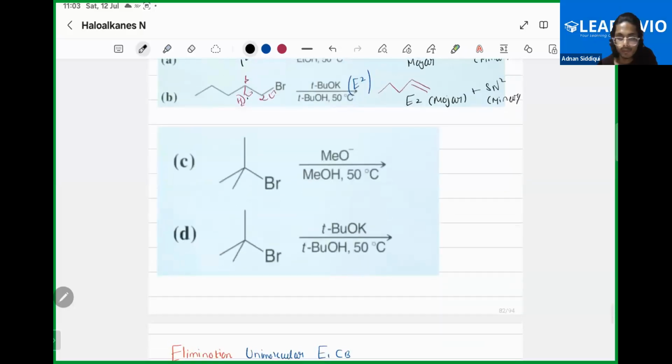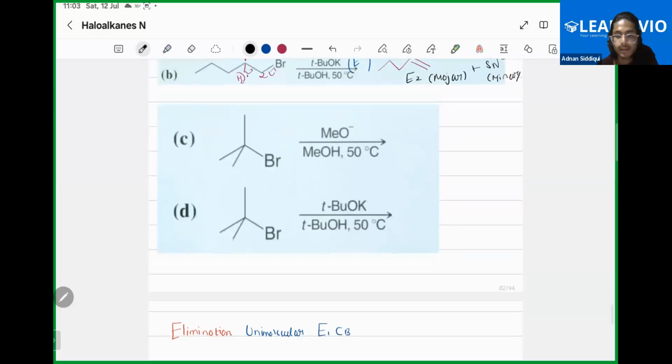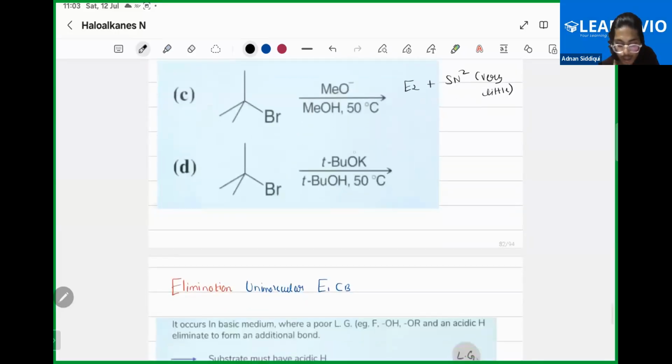For the rest one, as the temperature is high again, E2 will be higher and your SN2 will be very little. But as now you have a bulky base, your E2 will be 100% because your base is bulky as well as conditions are in favor of elimination. So you will observe E2.